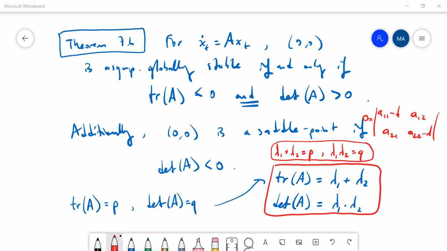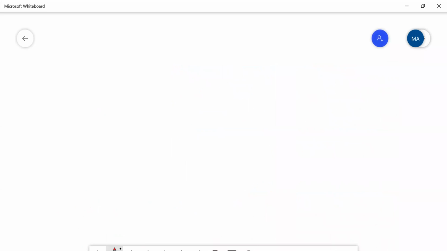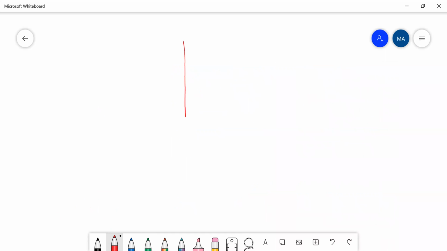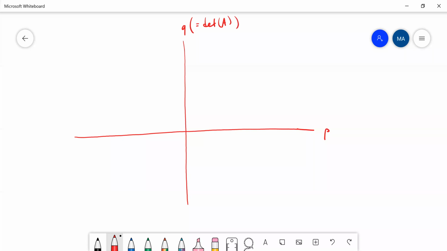Let me show you this very quickly. So I can actually draw it. So in that figure, this is Q, and this is P. So Q, remember, is equal to the determinant, okay? And P is equal to the trace.